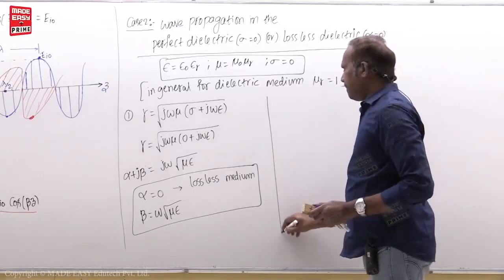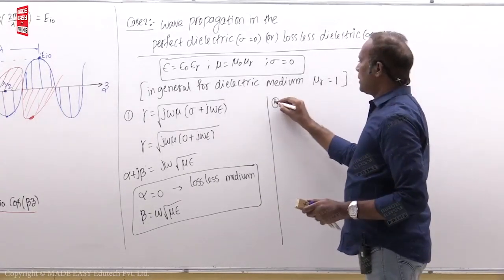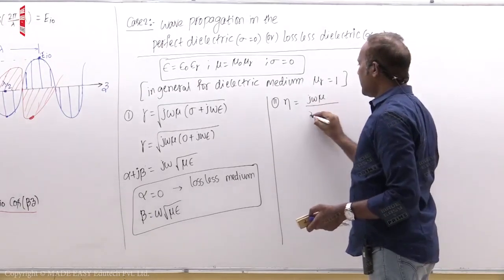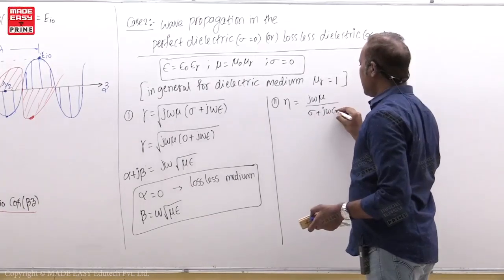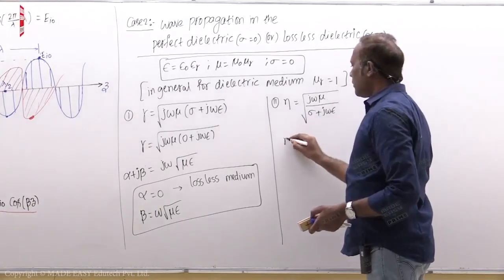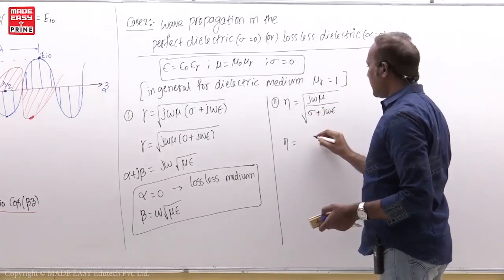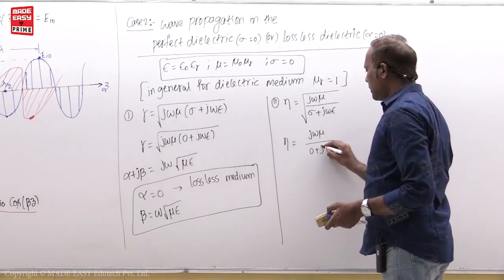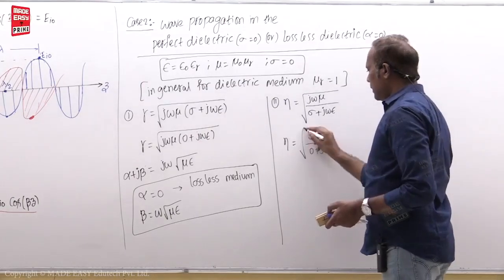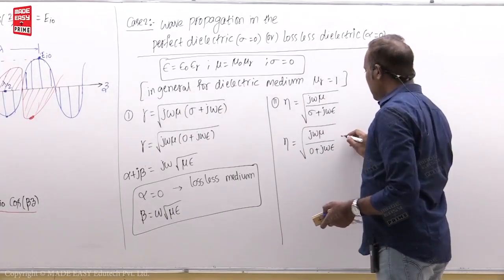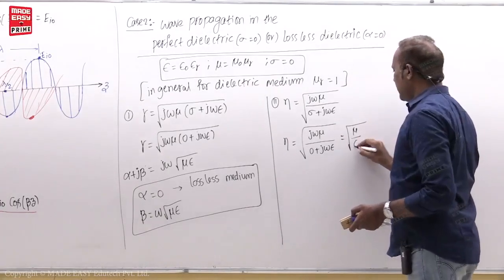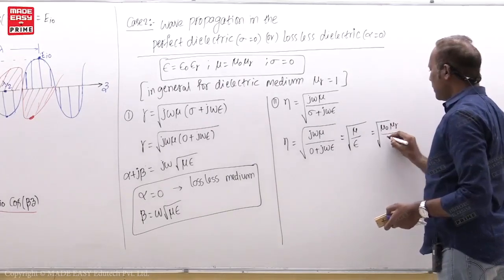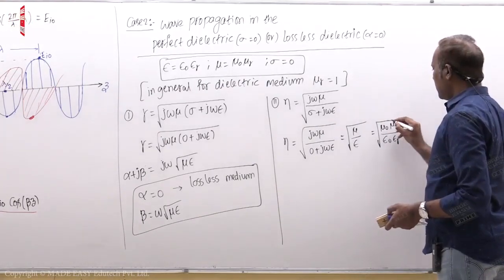Similarly, for this medium, intrinsic impedance is equal to root of j omega mu divided by sigma plus j omega epsilon. This is the general equation. Now for the perfect dielectric, sigma is 0. So 0 plus j omega epsilon, and ultimately j omega cancels. You get root mu by epsilon, that is root of mu naught into mu r divided by epsilon naught into epsilon r.